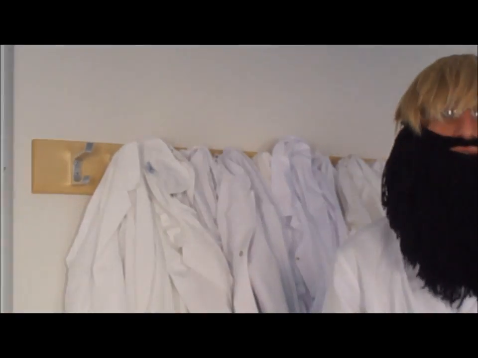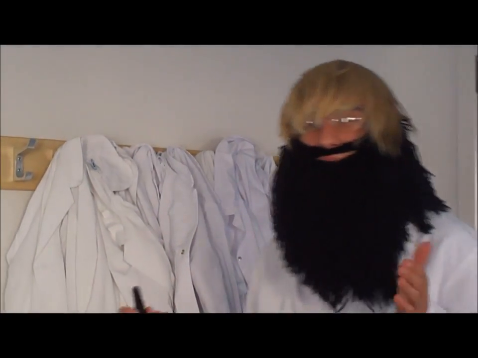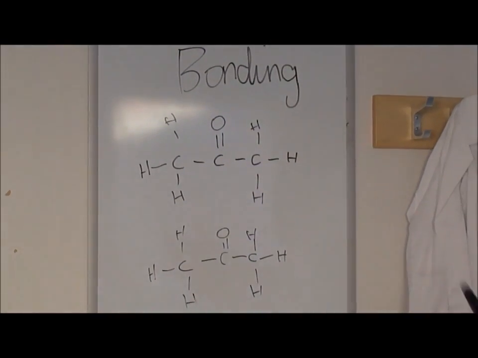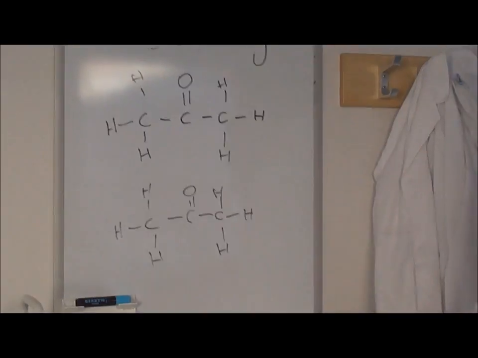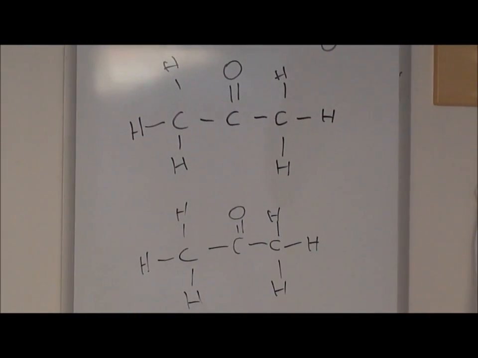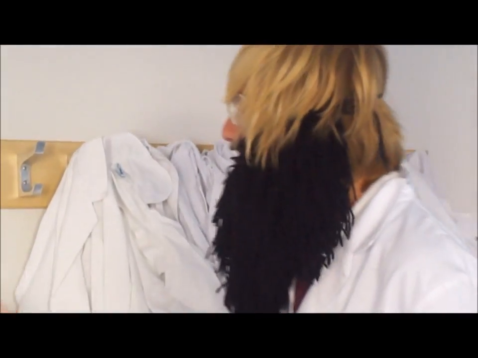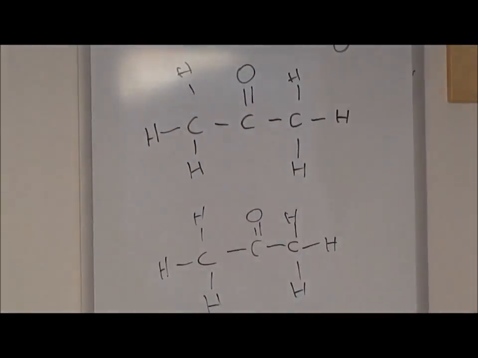Now, there are other forces as well, such as polar forces. As you can see here, as I've drawn before, very quickly, there are forces called polar. These are based upon electronegativity. So here I have two propanones.